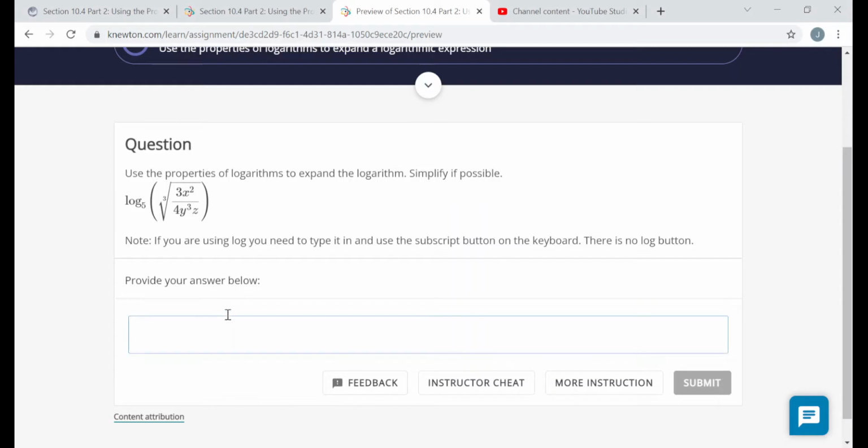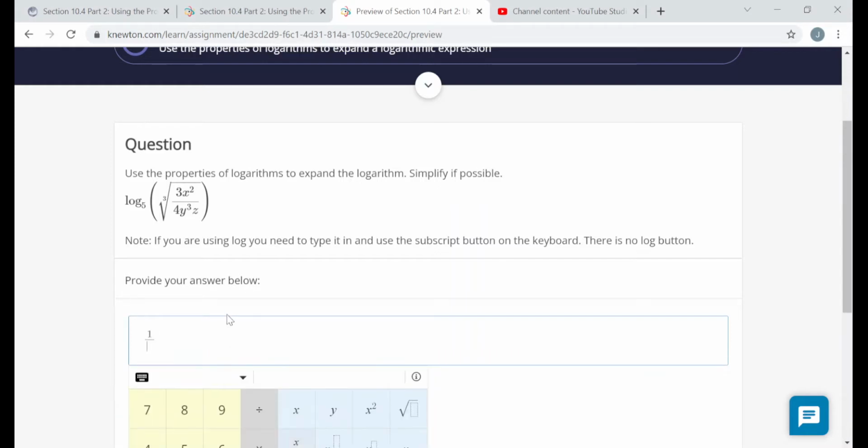Okay, so we got 1/3 times the quantity, right? Set parentheses here. Log base 5 of 3 plus 2 times the log base 5 of x minus the log base 5 of 4.